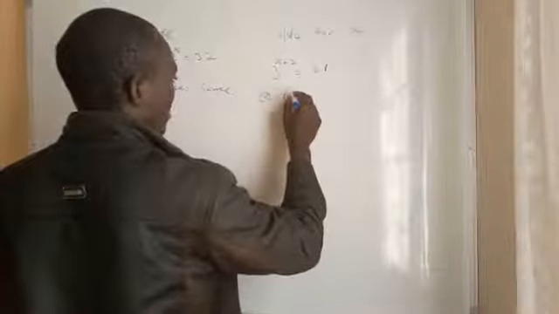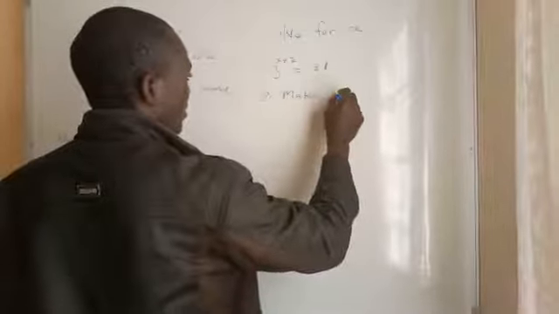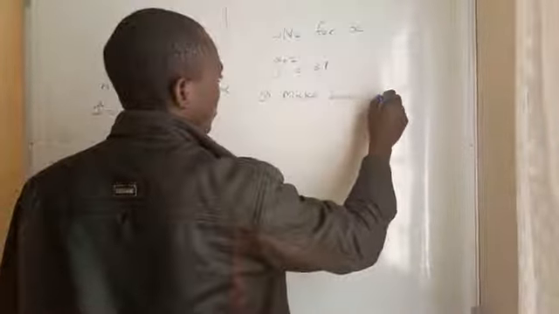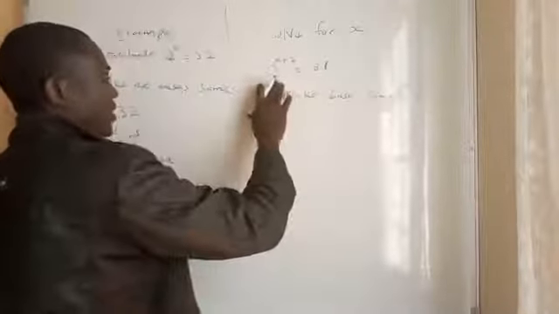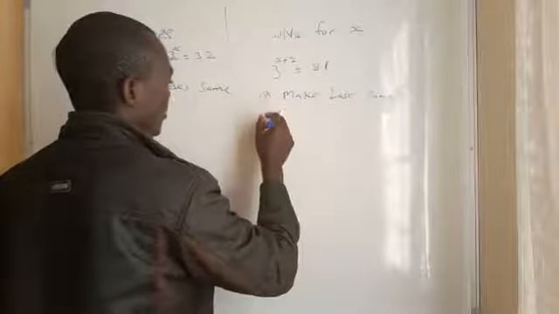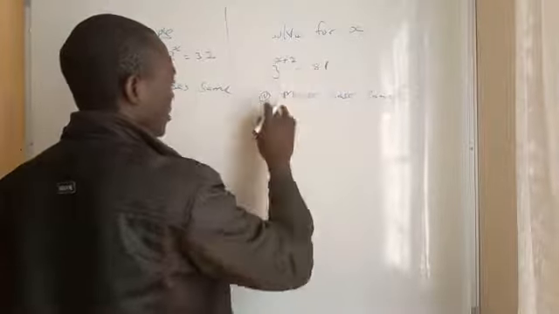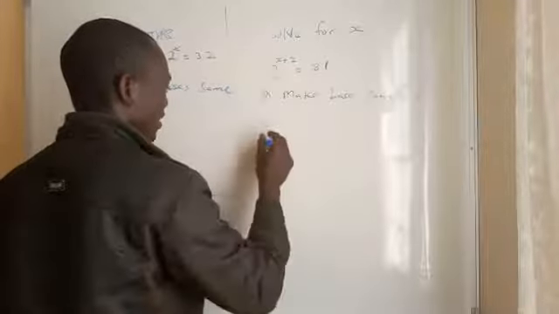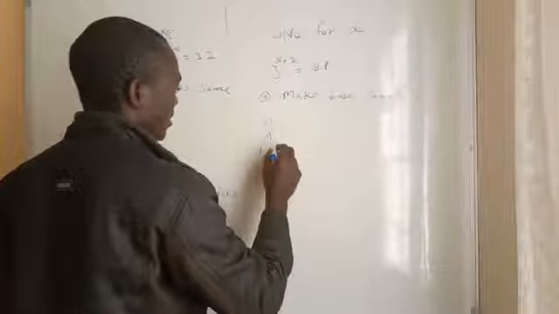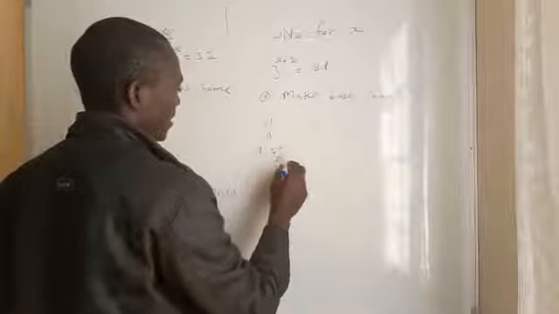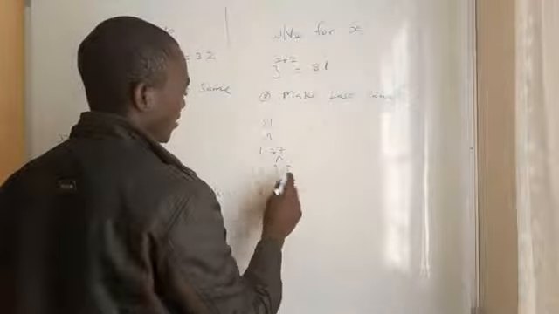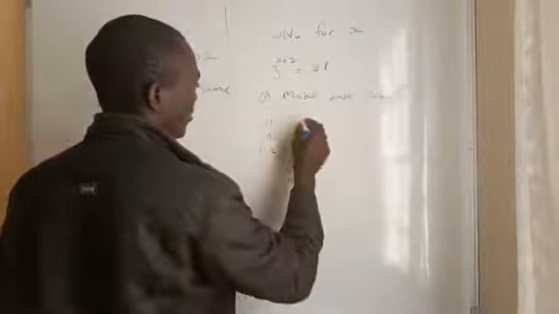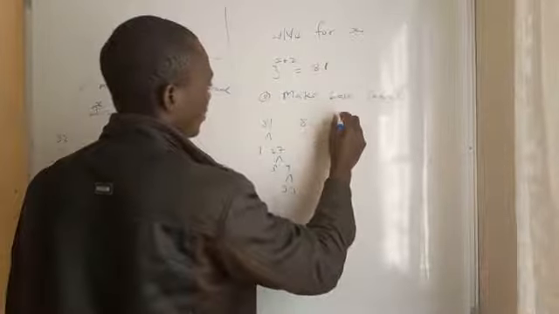Make the bases the same. We make 81 to the lowest number. We find the factors of 81 with respect to base 3. So 3 times 27, 3 times 9, 3 times 3, that is 1, 2, 3, 4. So 81 is equivalent to 3 power 4.